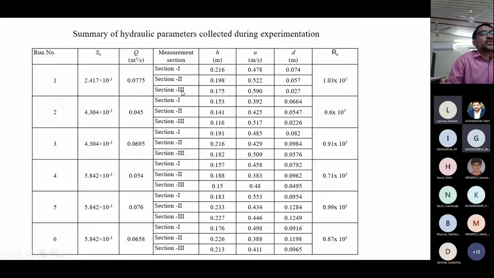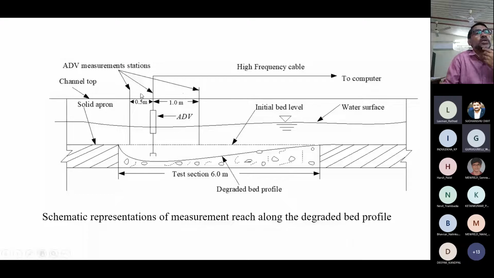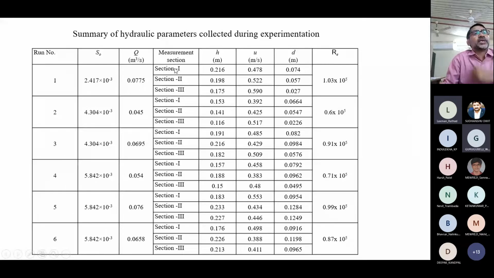Bed slope is there, discharge is around 77 liters per second, here around 69 liters per second. And this is what I was talking about, section 1, section 2 and section 3. That's what I am writing here. H, what is the H value? 21 centimeter. What is the velocity here?